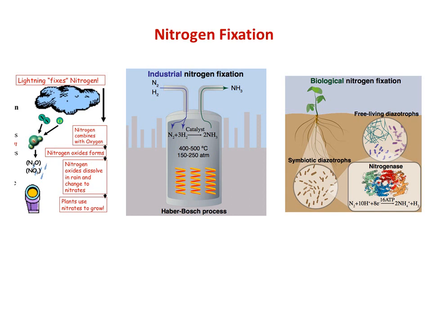They convert this nitrogen into ammonia in the presence of an enzyme called nitrogenase, and this is a highly energy-requiring process which requires ATP molecules. So in the biological process, various diazotrophs are involved, and with the help of the enzyme nitrogenase, the nitrogen gets converted into ammonia. This is about biological nitrogen fixation.